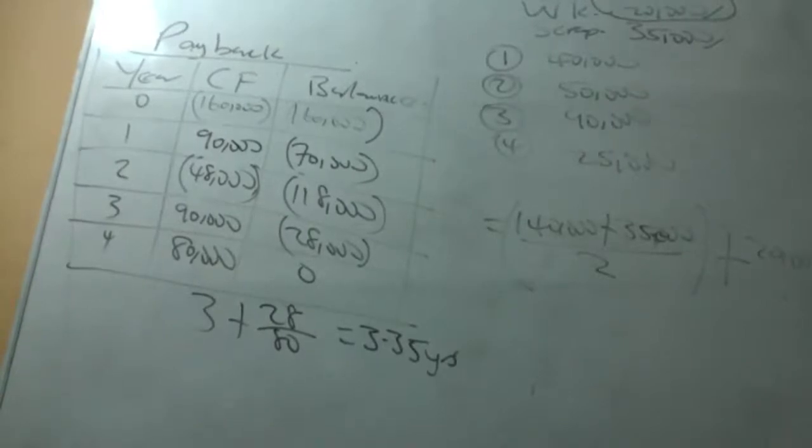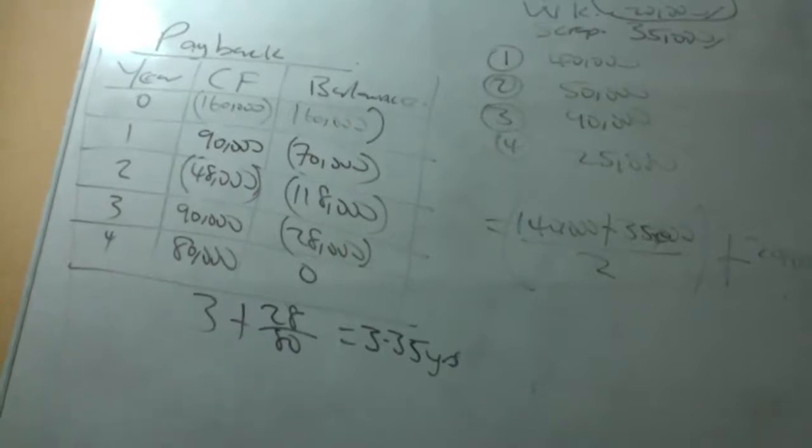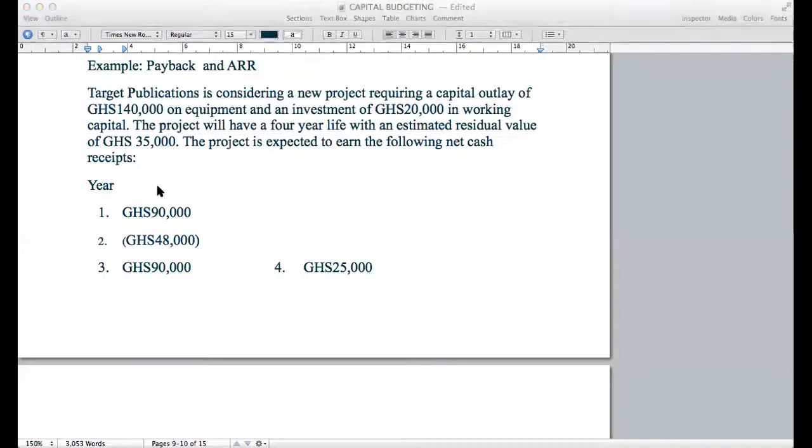Let's go and see year 3 here. Year 3 is 90,000.